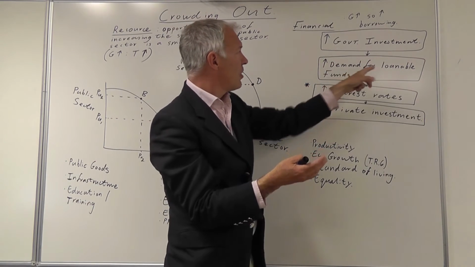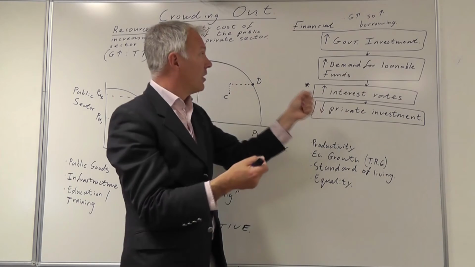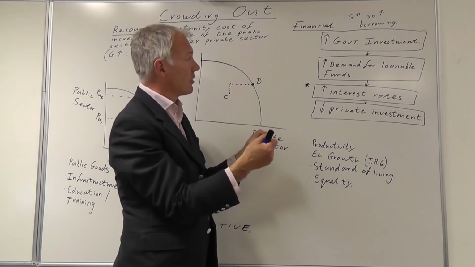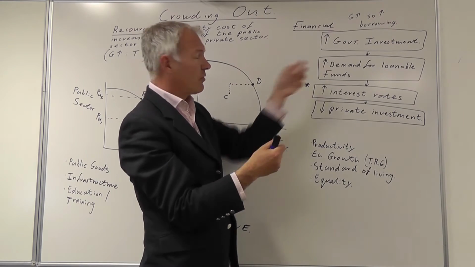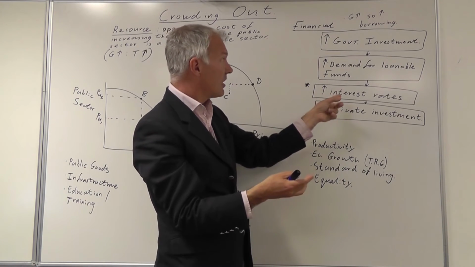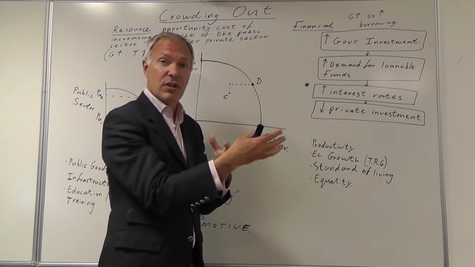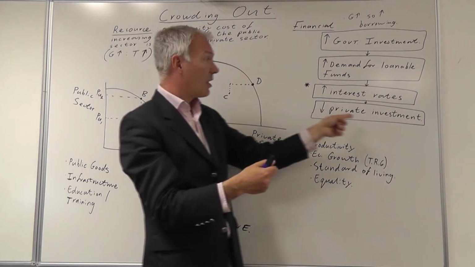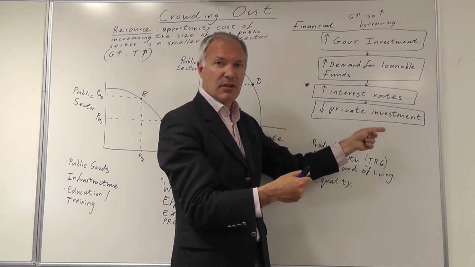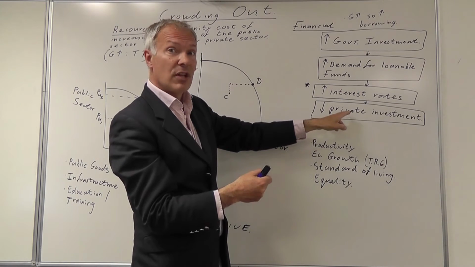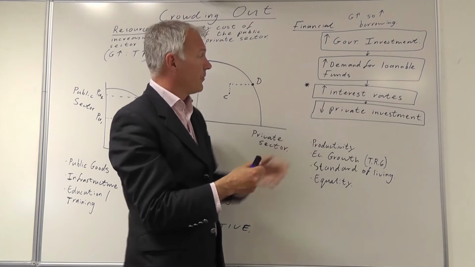So it will increase the demand for loanable funds, the demand for funds from investment markets, money markets. And so if there's more demand for something, that tends to increase the interest rate. Interest rates tend to go up, and therefore high interest rates mean that there'll be less private sector investment. Okay, so an increase in government investment then crowds out private sector investment.